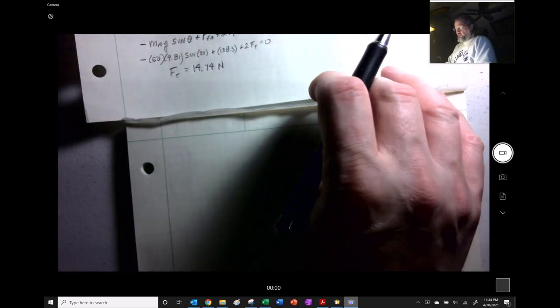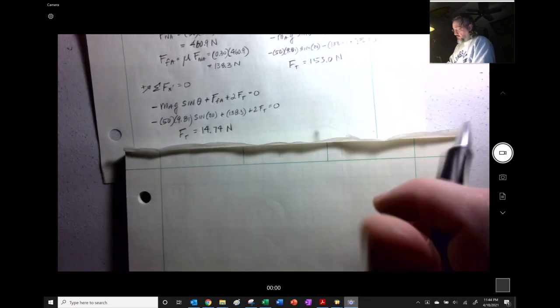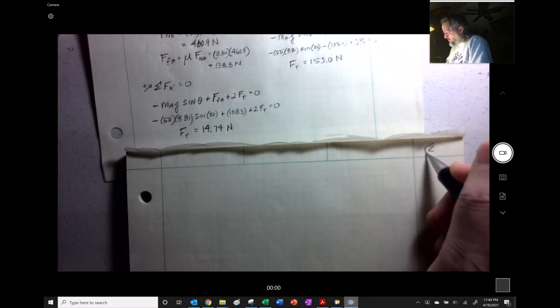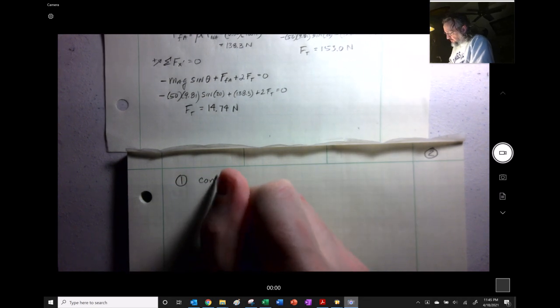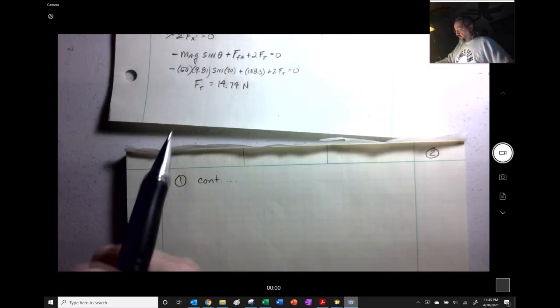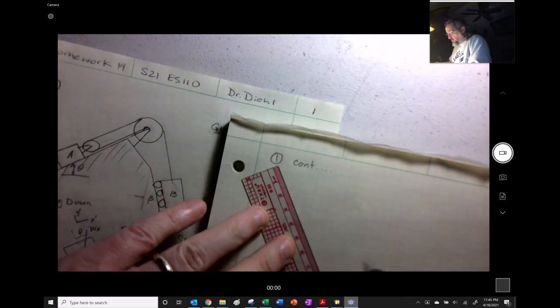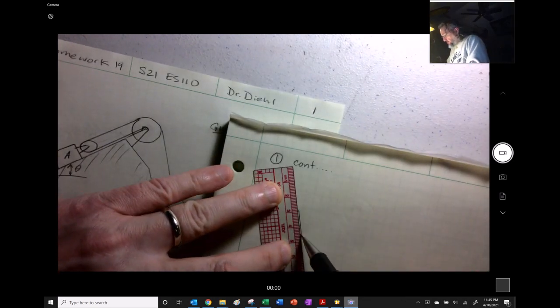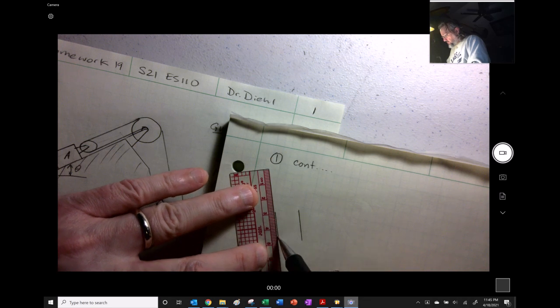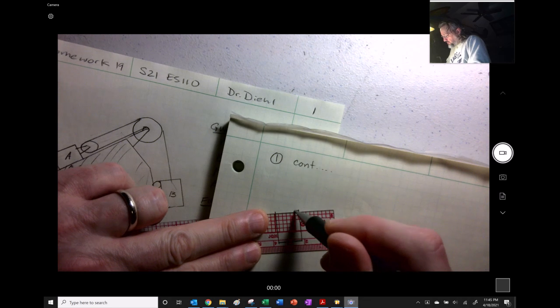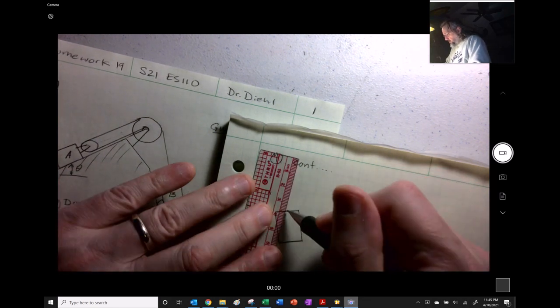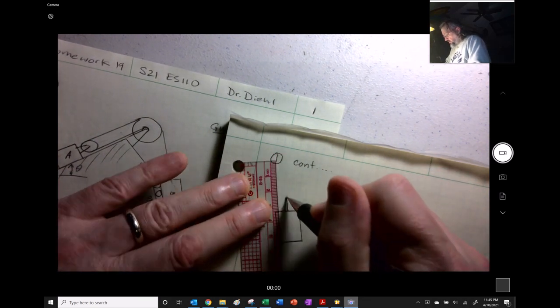So we go to a second page here. And I guess I should not have circled that if I was going to be consistent here. I don't usually circle. Just continued here. We take the other FBD, right? So this other guy right here, drawn FBD on him, he's much steeper slope, and he's just being pulled up right here.